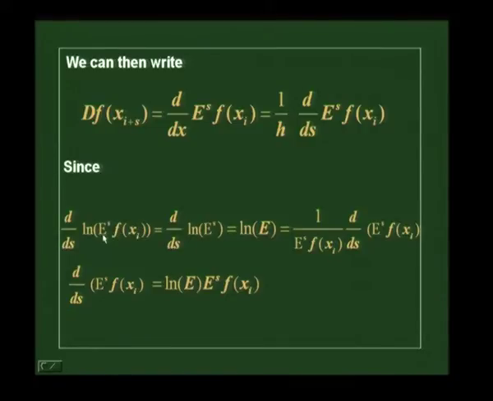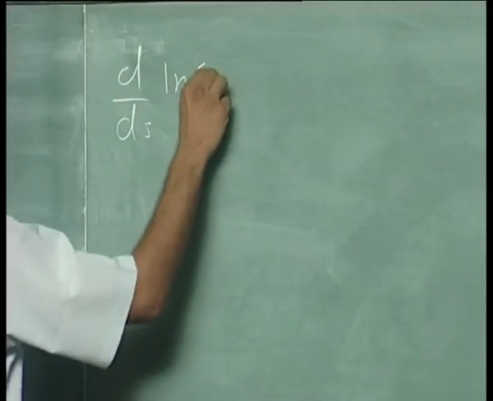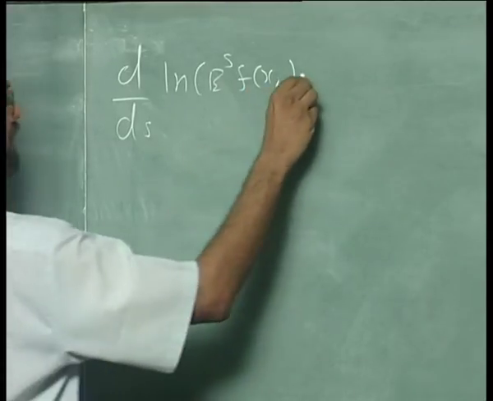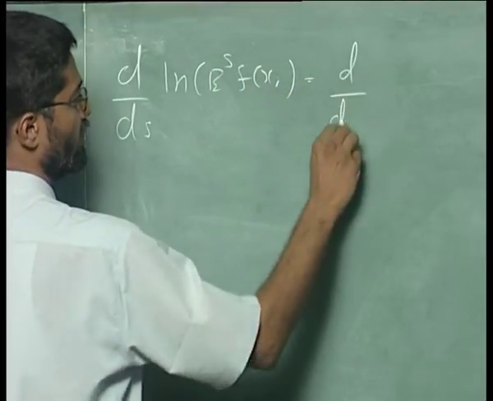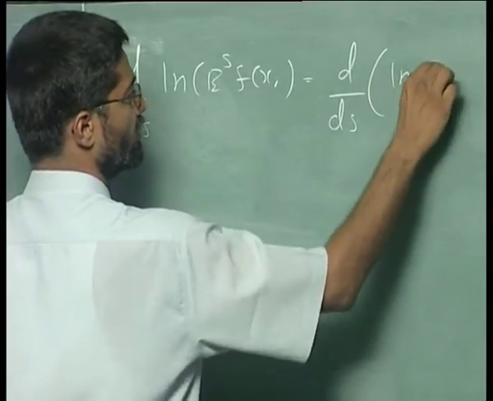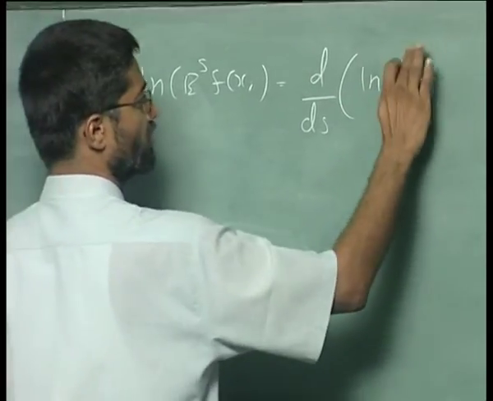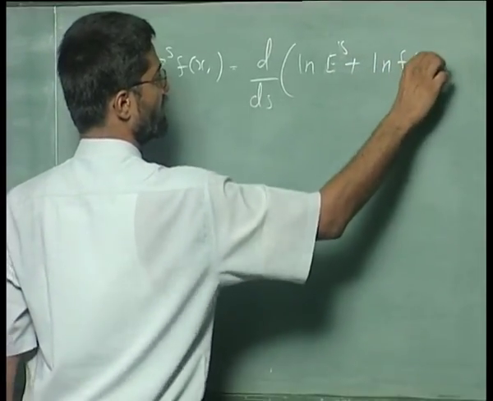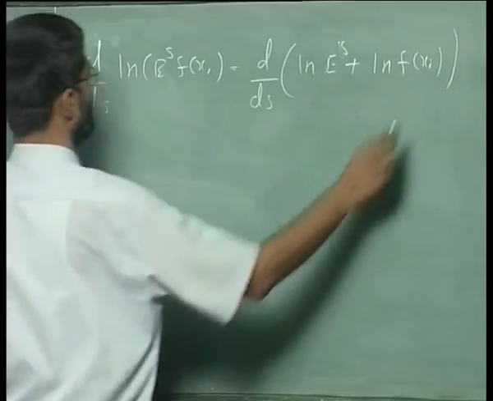So what I am trying to say is that d/ds of log e^s f of x_i is the same as d/ds of log e^s plus log f of x_i.